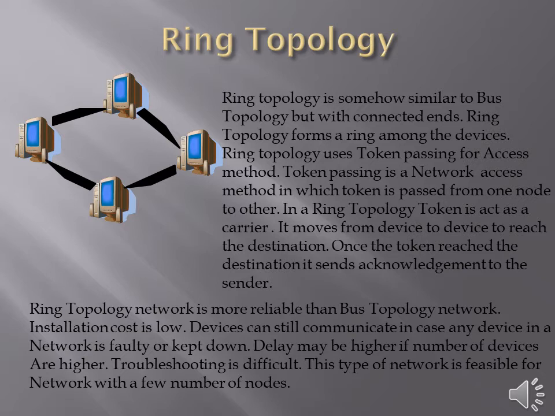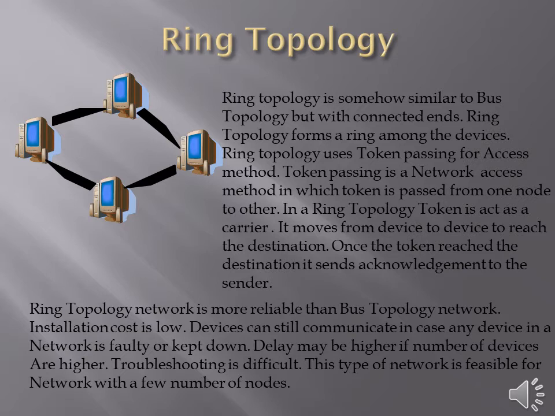Token passing is a network access method in which token is passed from one node to another. In a ring topology, token acts as a carrier. It moves from one device to reach the destination. Once the token reaches the destination, it sends an acknowledgement to the sender.